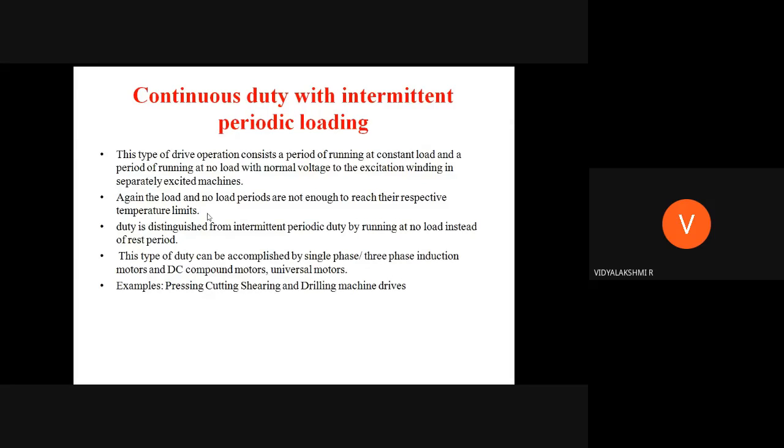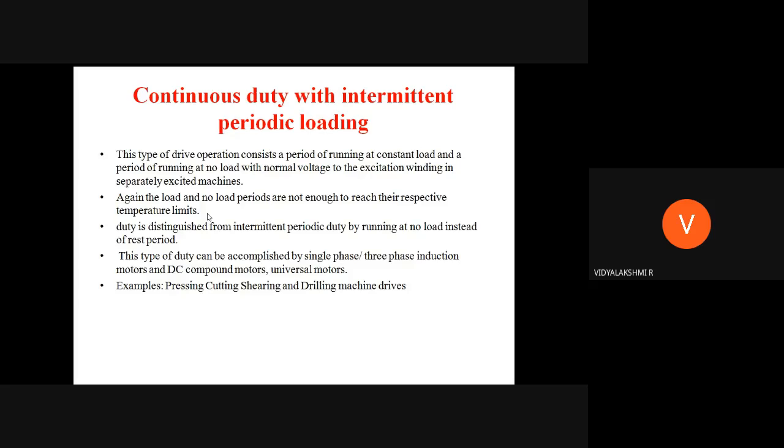While running, my machine will run at a constant load, and then for another period of running, it is no load. So load and no load. We have to talk about the loading condition and unloading condition. I'm repeating once again. Here I have talked about only the loading condition.